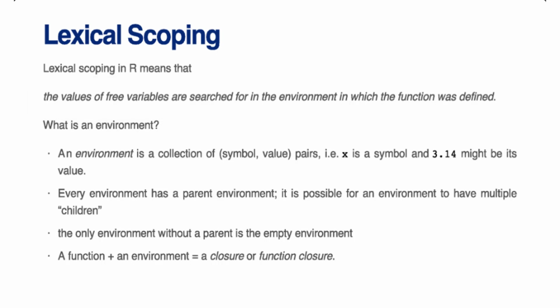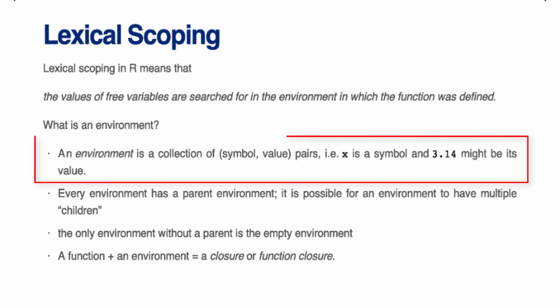And so what's an environment? An environment is a collection of symbol value pairs, right? So x is a symbol and 3.14 might be its value. So every symbol has a value bound to it. And you can think of everything in R as being pairs of symbols and values, right?